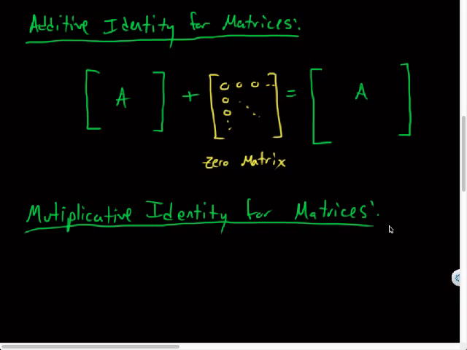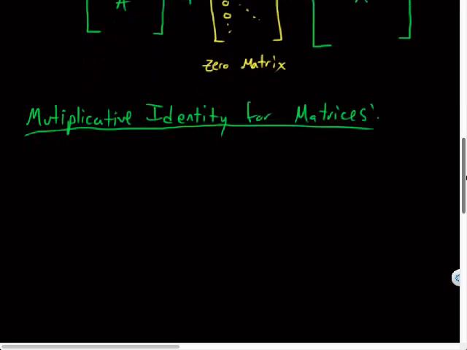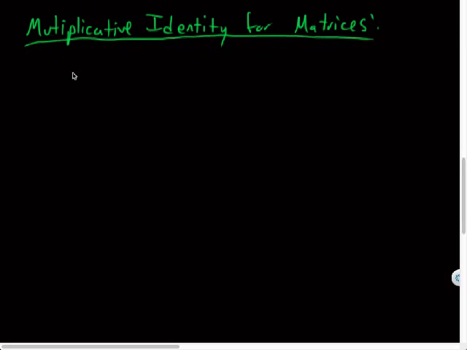For matrices, let me ask this question. Could a 3x2 matrix have an identity? That's an interesting thought. If I have a 3x2, don't write this part down just yet. Could I multiply that by something that would give me another 3x2?